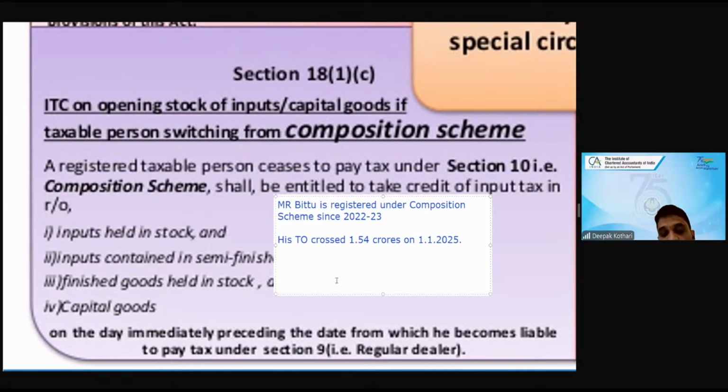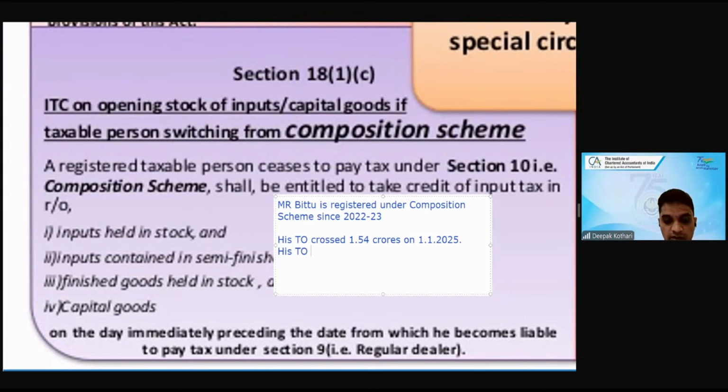When he became liable to pay tax under section 9 is not stated here. Yes, very good, 1.54 maybe. Sometimes mistakes are also good.